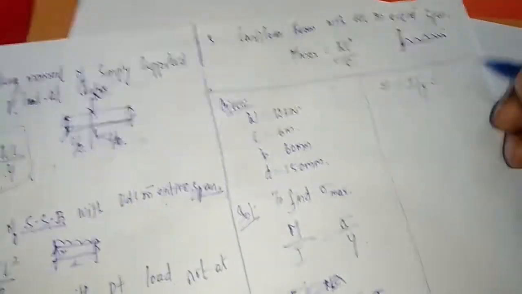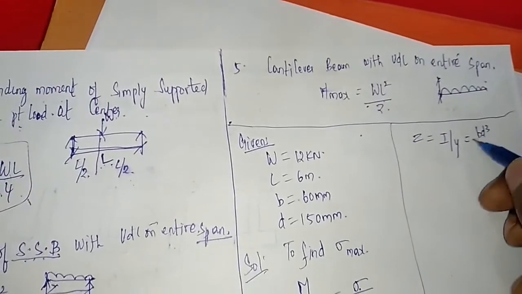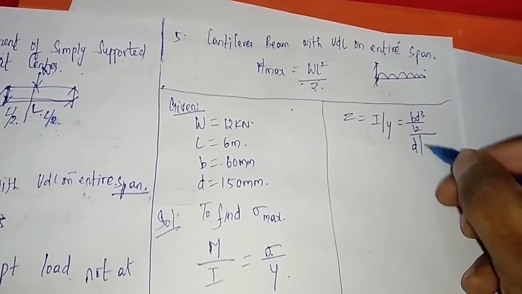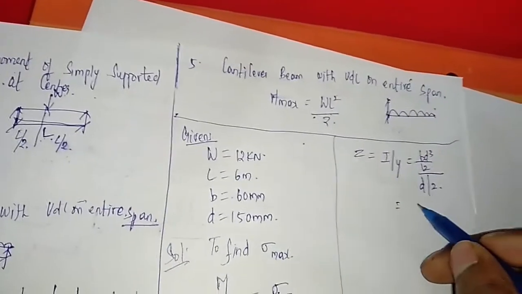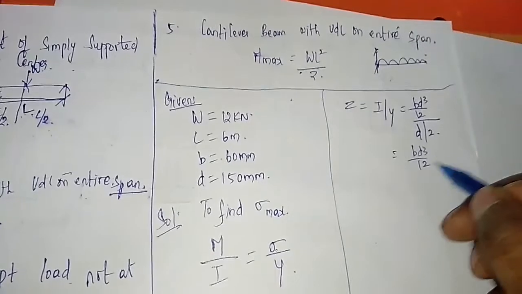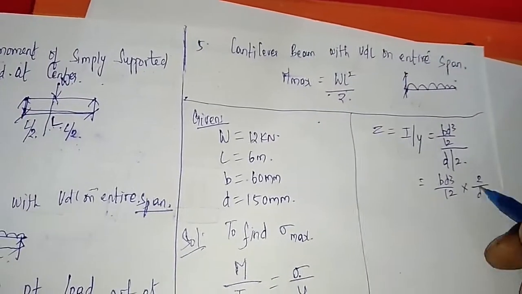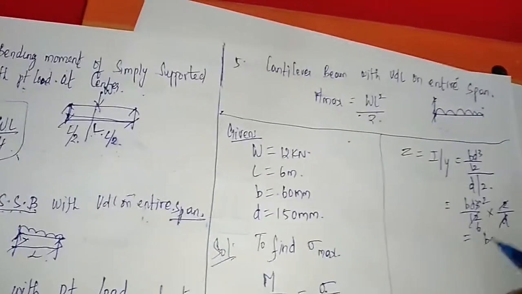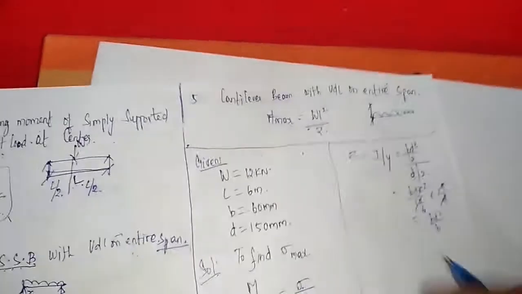See, Z is equal to I by Y. I is nothing but BD cube by 12 divided by Y, which is D by 2. So BD cube by 12 into 2 by D gives BD square by 6. Directly we can substitute in this formula, right? So the simple method only.